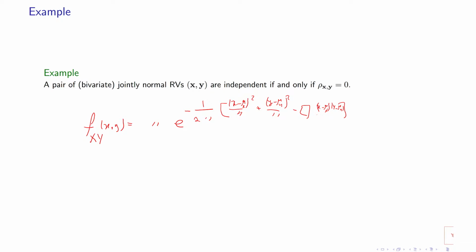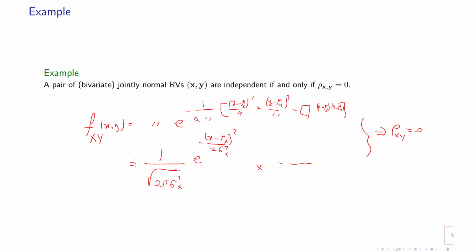So if you want to show that this is equal to the product of the marginal distributions, where f_X(x) is 1 over the square root of 2 pi sigma_x squared, times e to the power of minus (x minus mu_x) squared divided by 2 sigma_x squared, and then times a similar expression for y, you could see that for these to be equal, you could conclude that rho_xy must be equal to 0.